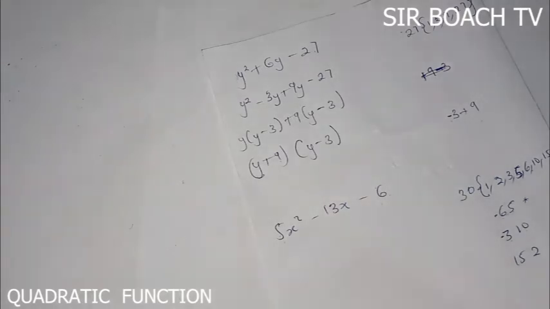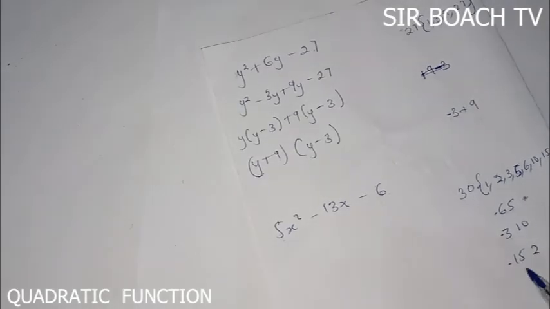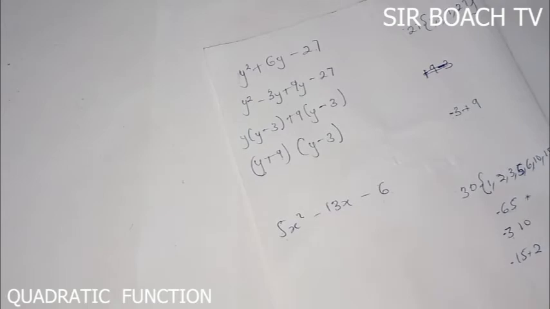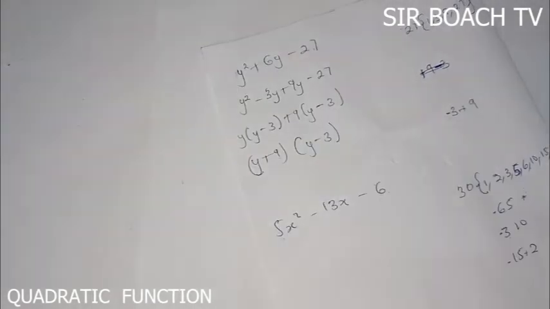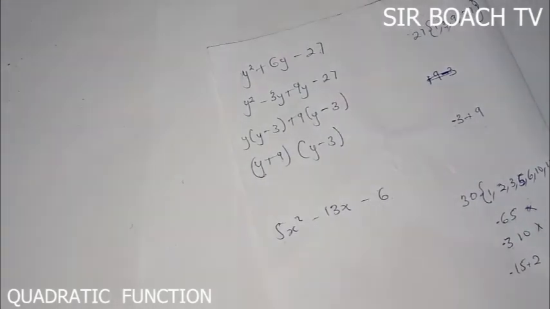But when we add, we are getting 7, so it has not qualified. Let's come here. If I make here minus, 15 times 2 gives you minus 30, and if I bring plus here and I add, I'm getting minus 13. So we are using the 15 one. Because they are all factors, but only 2 factors will qualify. This one does not qualify, this one does not qualify, but this one qualifies.